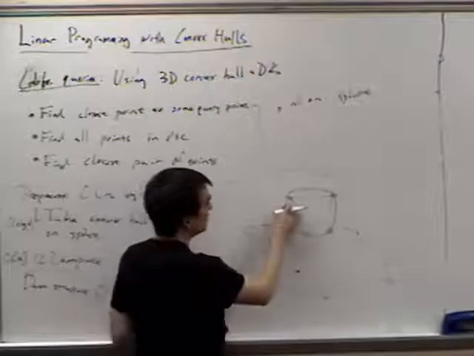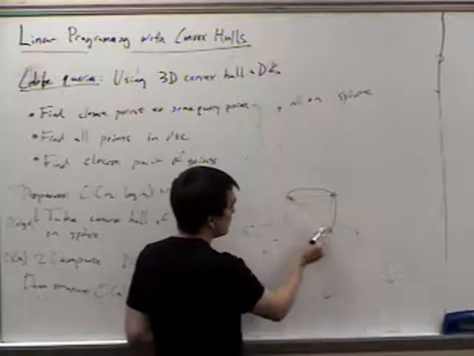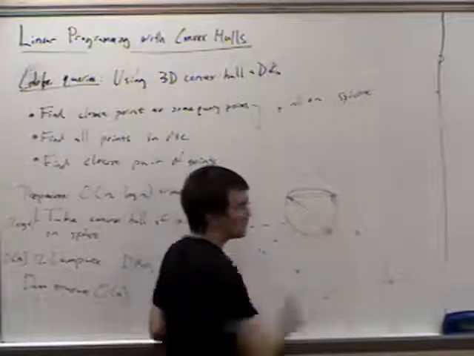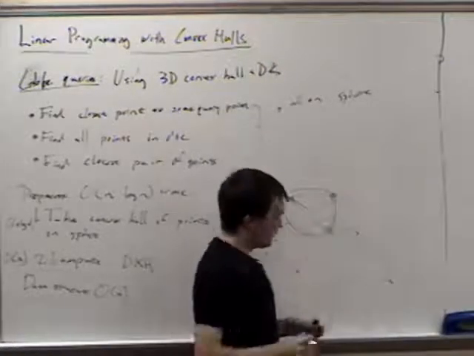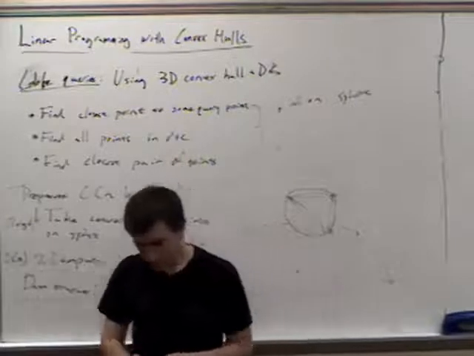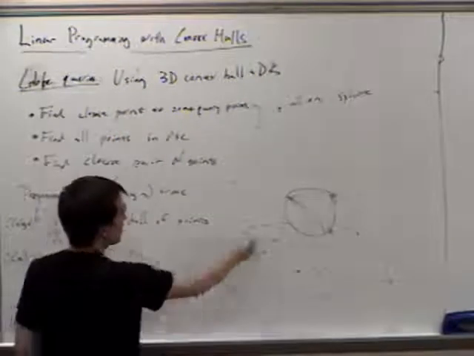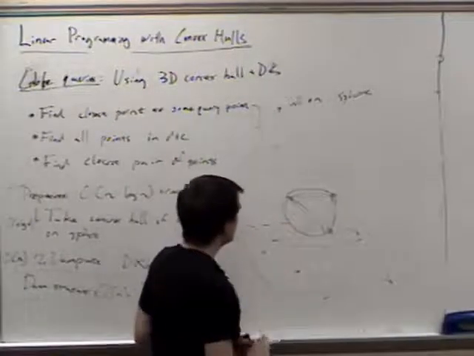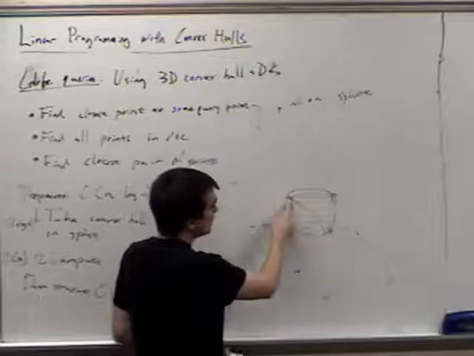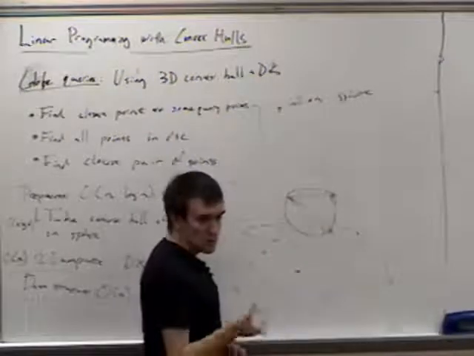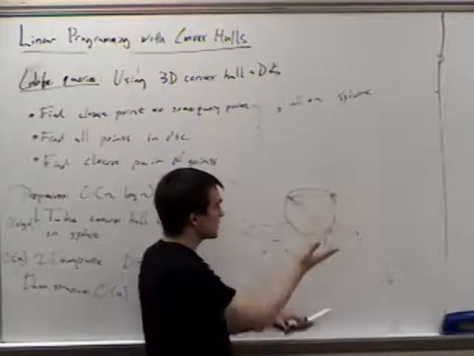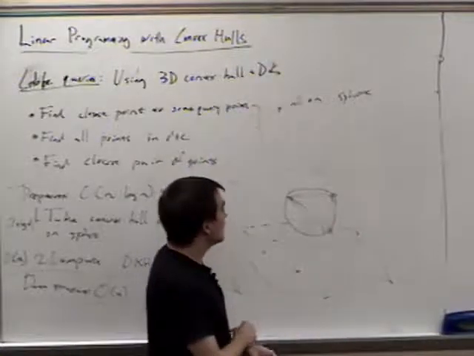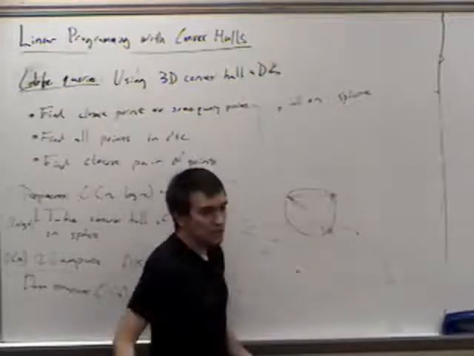And similarly, if I lift each of these arcs onto the surface of the sphere, then they're also going to form great circular arcs. Now, this property that there are no other points contained in the circle is actually sufficient to tell us that if 2 points are the closest pair of points in this triangulation over the surface of the sphere, then they happen to have some common edge in the convex hull.